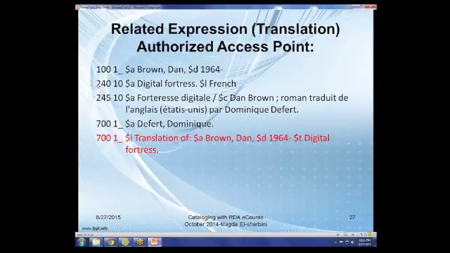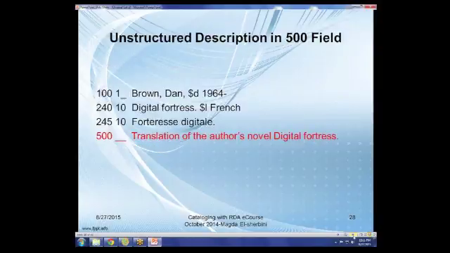And again, field 240 already does this to a great extent. But RDA is suggesting that people take kind of this belt-and-suspenders approach and put this information in more than one place in the record. And one way to put it in the record is what's called an unstructured description. You can simply include this note here to say that this is a translation of the original.